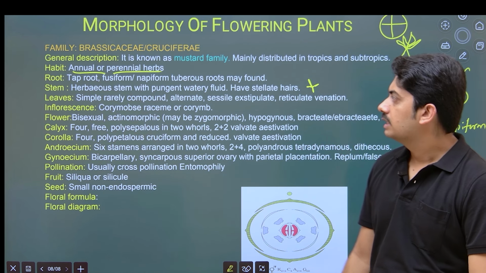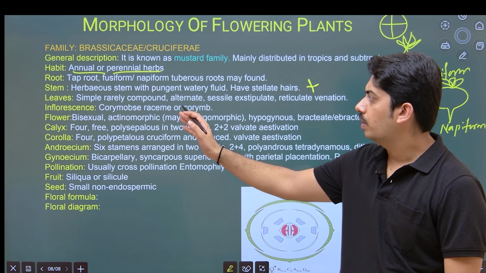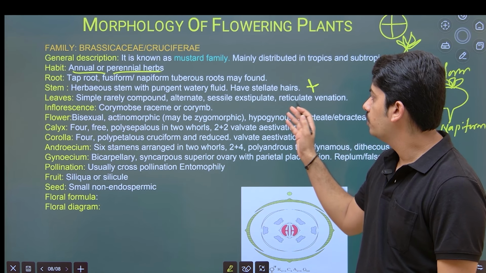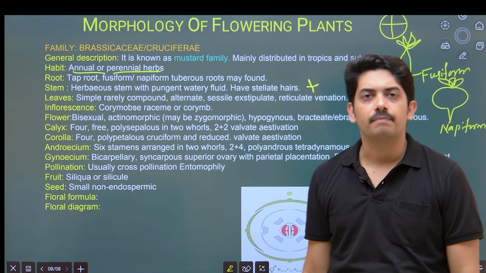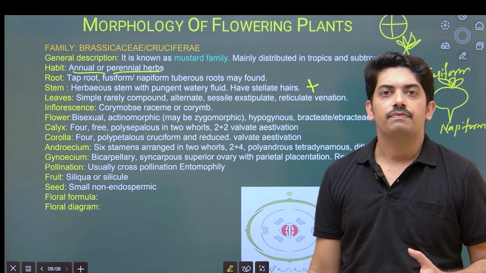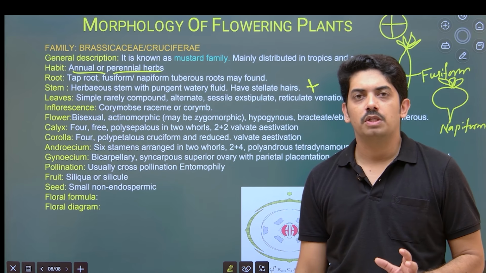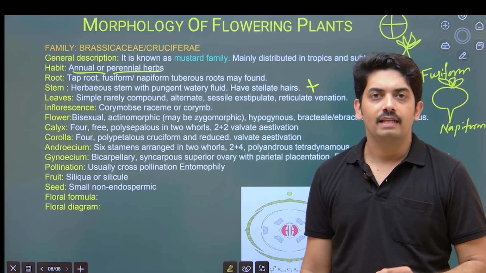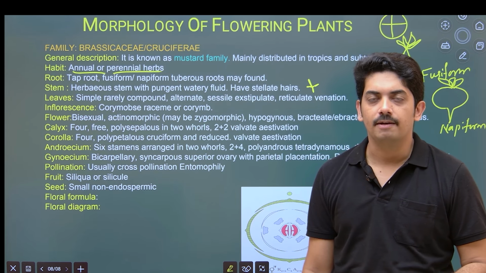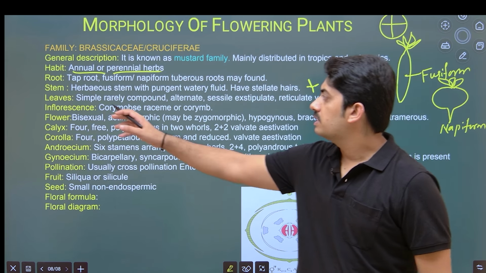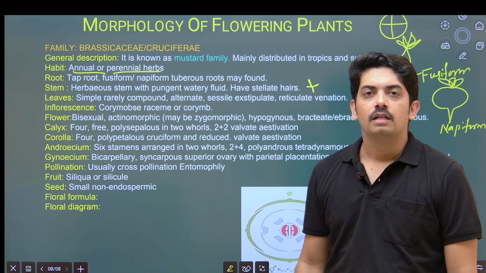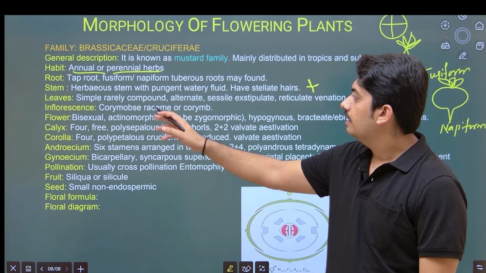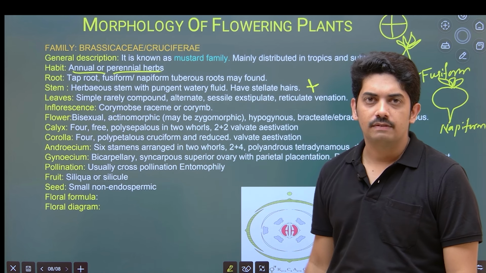Leaves: simple, rarely compound, alternate, sessile, exstipulate, reticulate venation. See, actually after learning all about morphology, we should be aware of all these technical terms. But anyhow, I will explain these terms once again here. Leaves are simple, means their leaf blade is entire. Then rarely compound leaves.